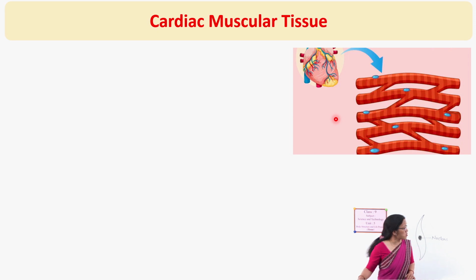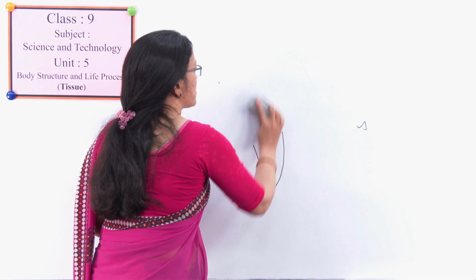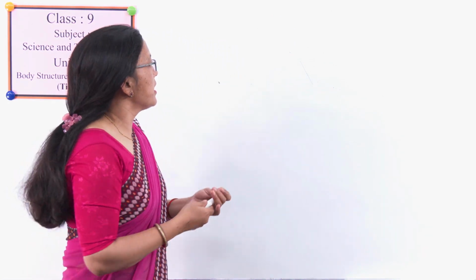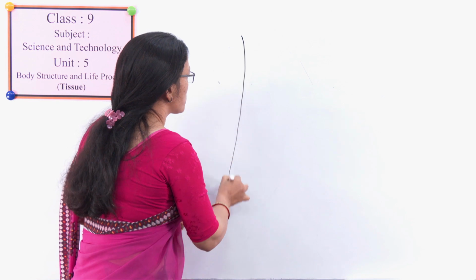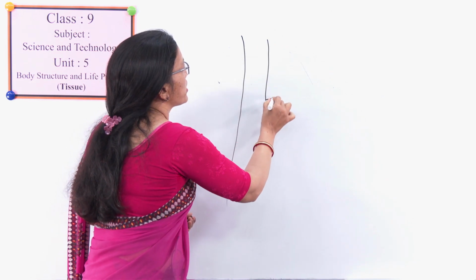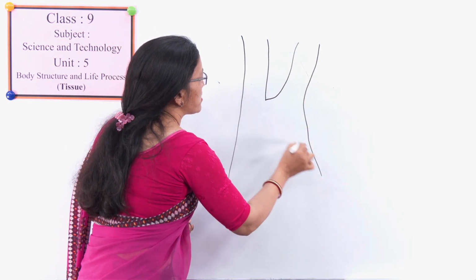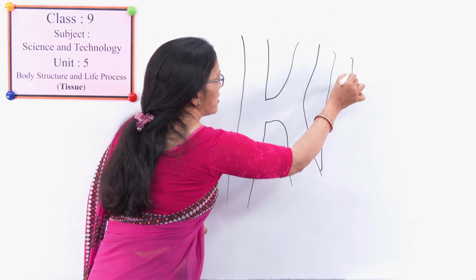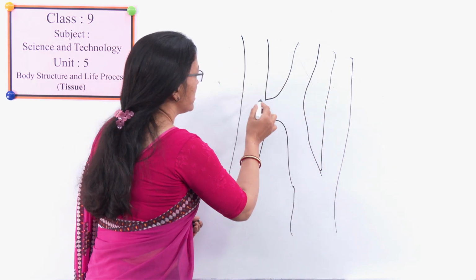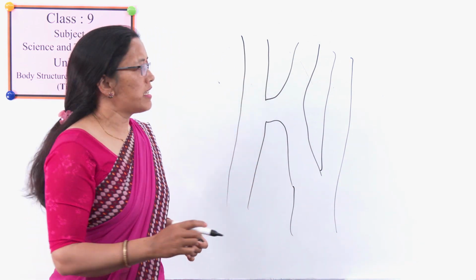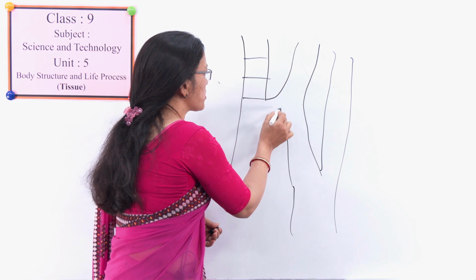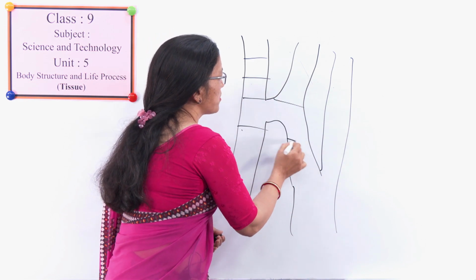If we see the structure of a single cell of this cardiac muscular tissue, it is a branched one. It is just like a striped muscle, but it is branched. Just like this, there are different branches present, and because of this it looks similar to striated muscle, where we can also see stripes.